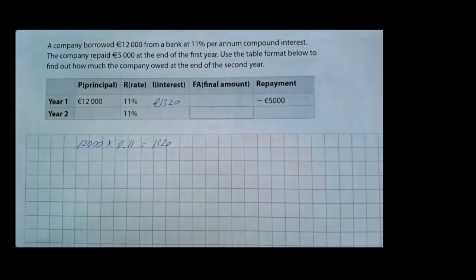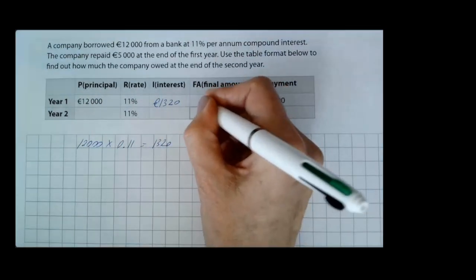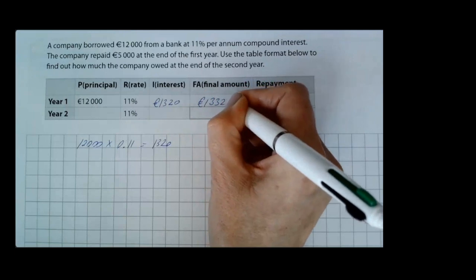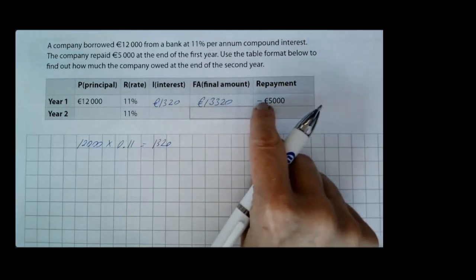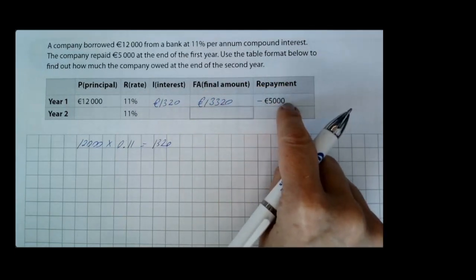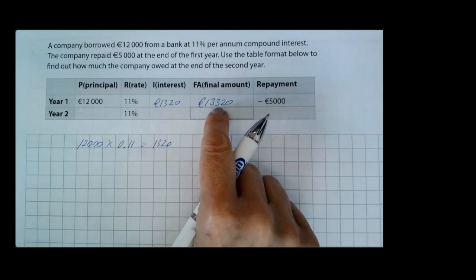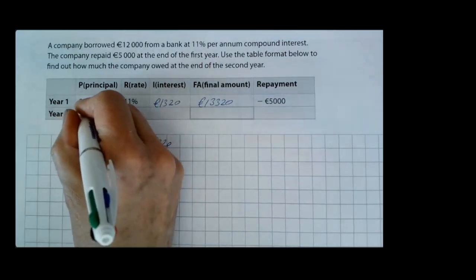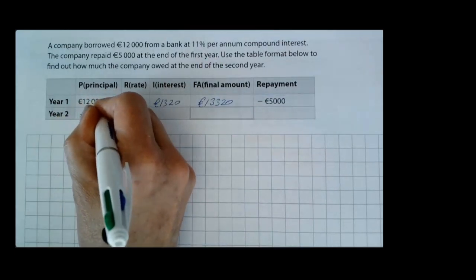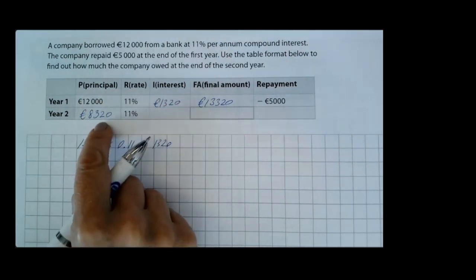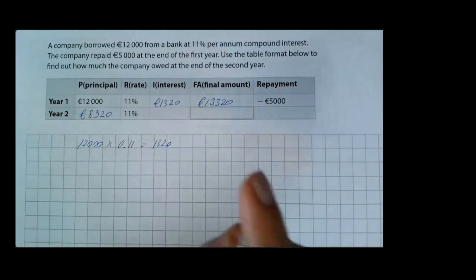Add that on to the 12,000, of course, and I'm going to get 13,320. Now I'm paying back 5,000 euros at the end of this year. So go ahead and take away 5,000 from your 13,320, and I'm left with 8,320 euros at the start of year 2.